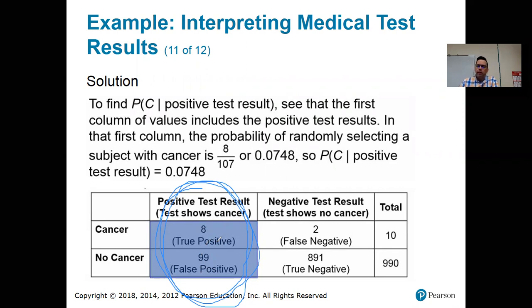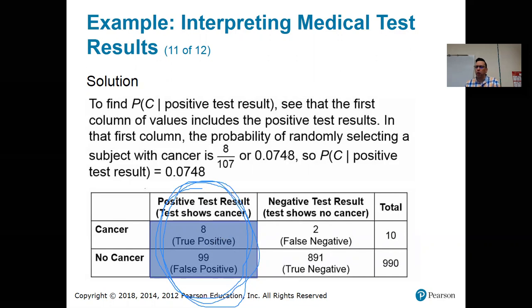So if you lived in this population and you went to the doctor and they gave you a cancer test and it tested positive, there's still only about a 7.5% chance that you actually have cancer.